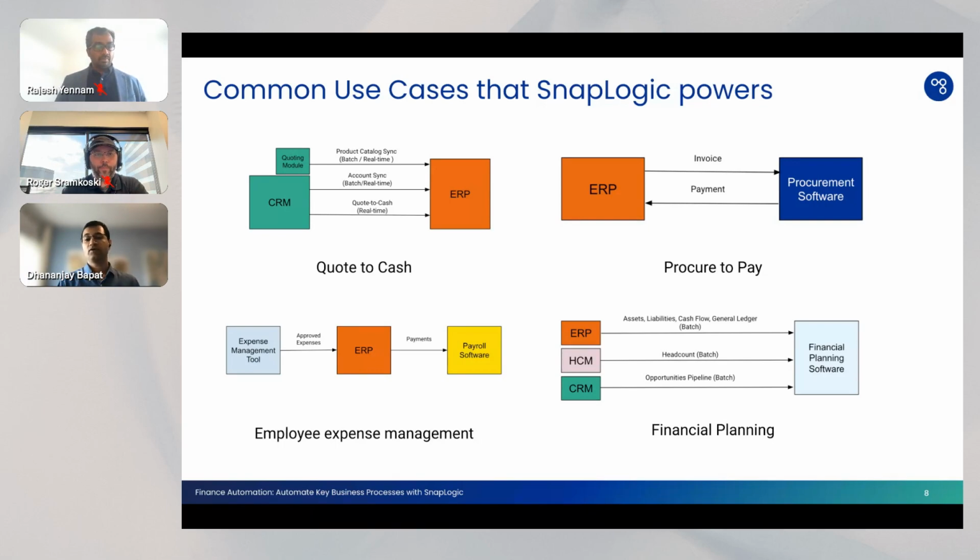And then you also want to look at how your opportunities pipeline looks so that you can allocate resources appropriately for the highest ROI for the business. And here you're putting all of that data into financial planning software like Anaplan or Planful.